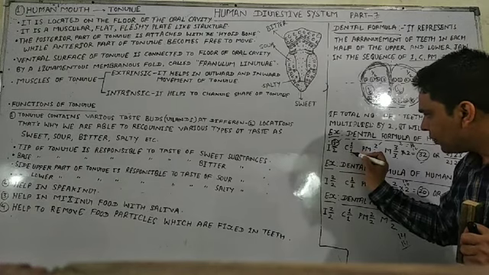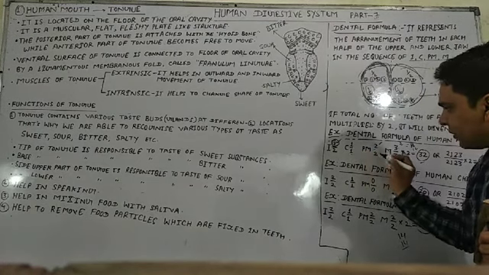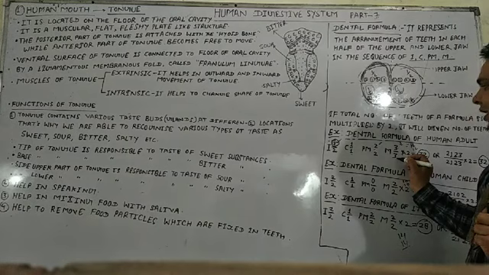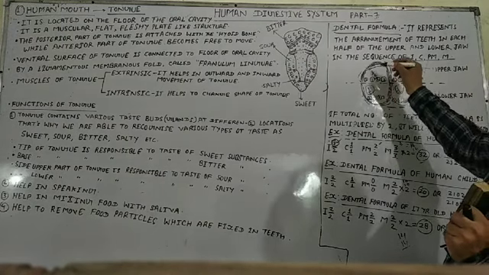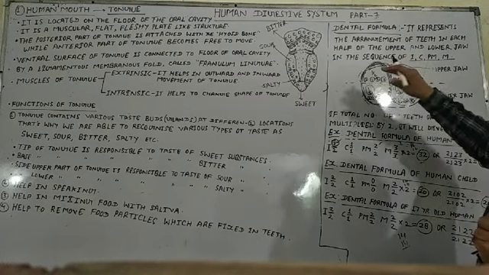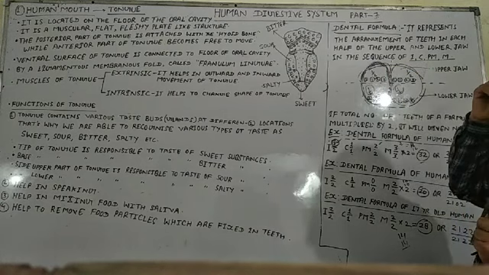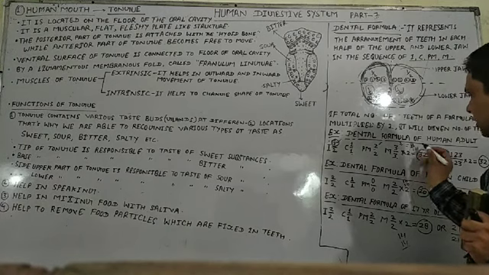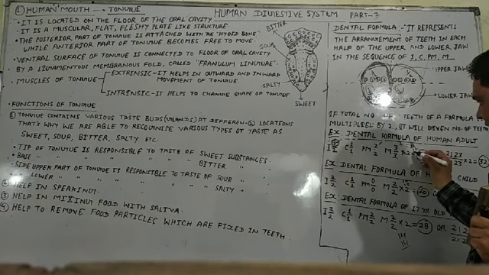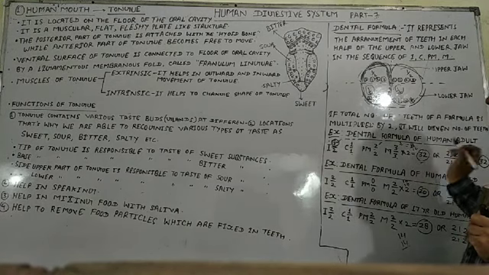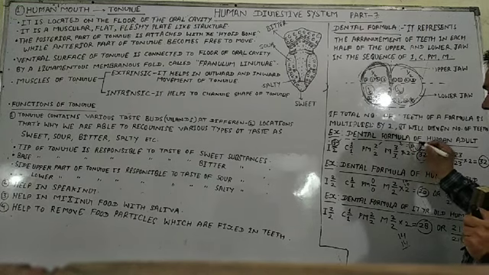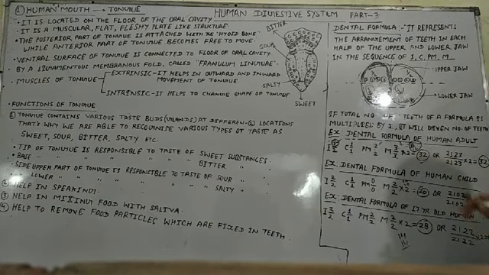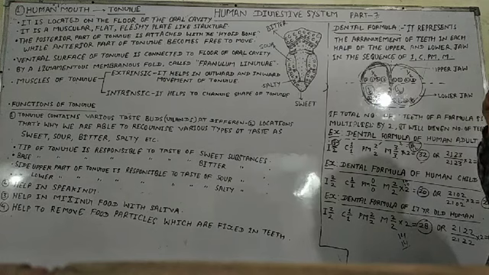So the number of teeth in each half of the upper jaw gives 16 teeth, and here also 16, because 8 multiplied by 2 is 16. 16 plus 16 equals 32. So these are the numbers of teeth found in human adults.